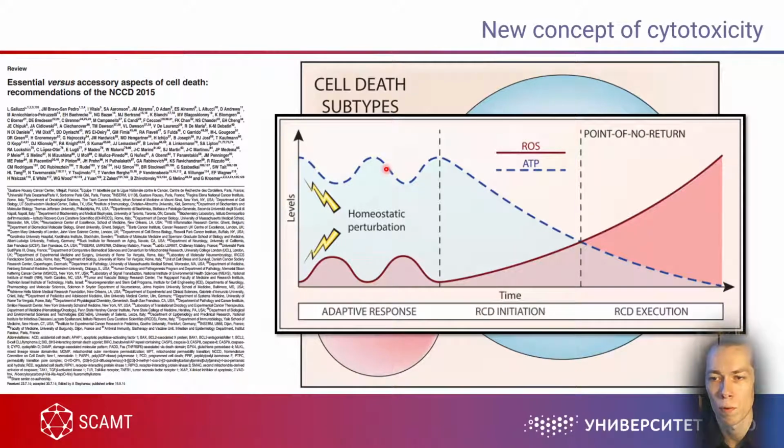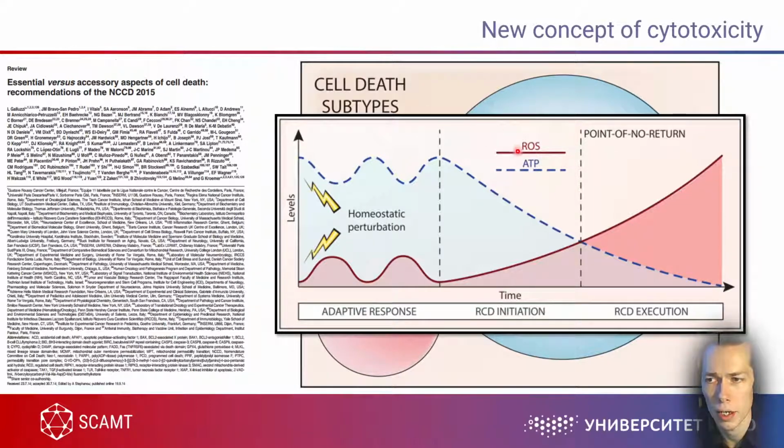Previously, everything was connected with different morphological changes, damage to membrane and so on, but for now a lot of things are connected with the level of ATP and reactive oxygen species.